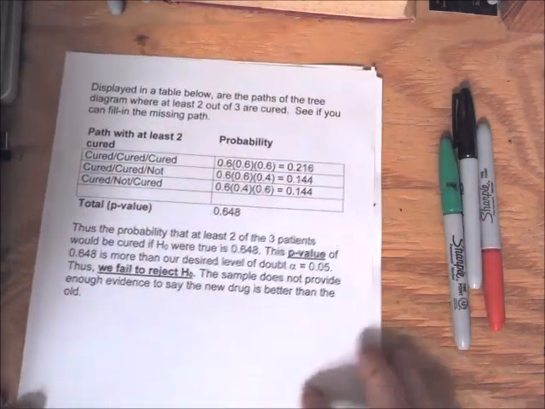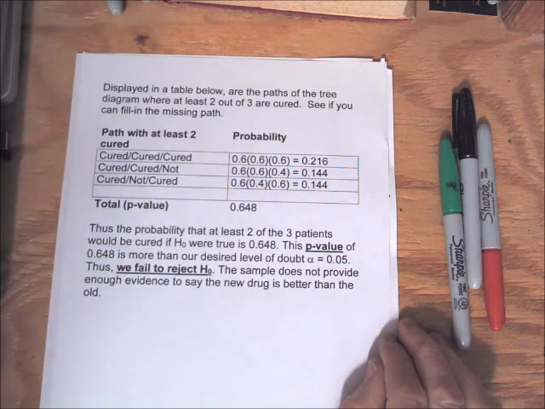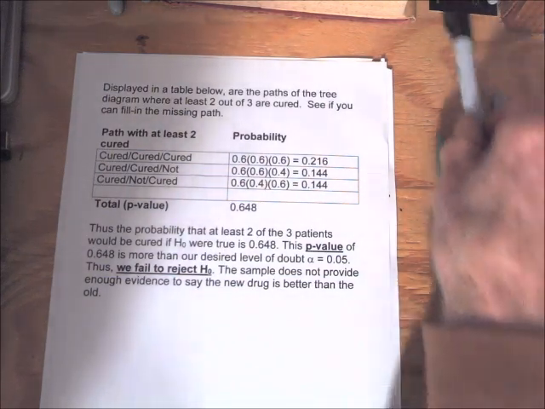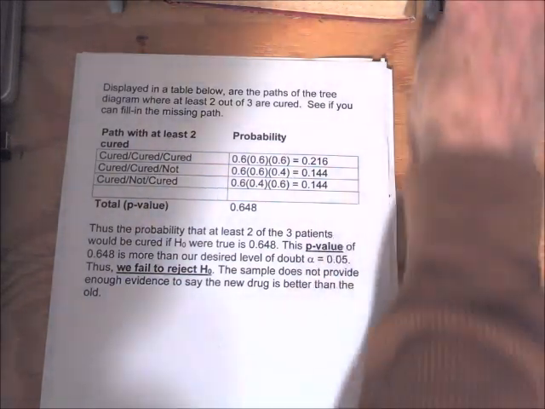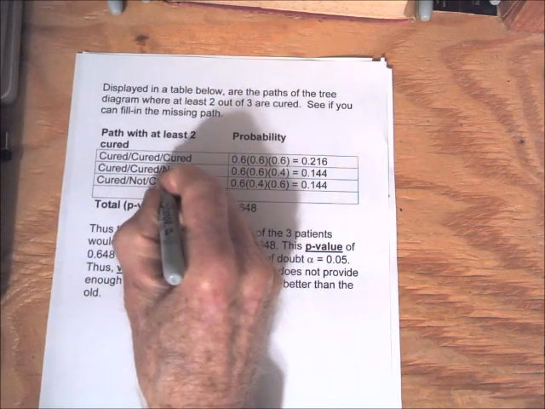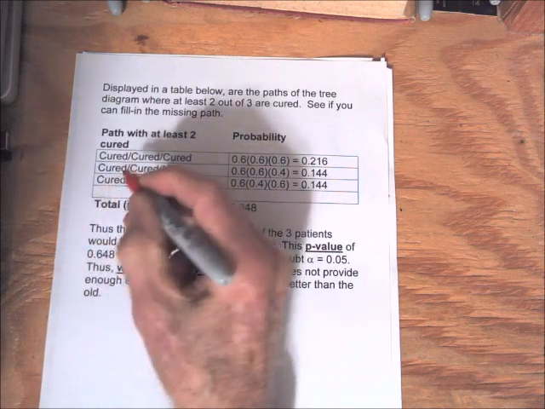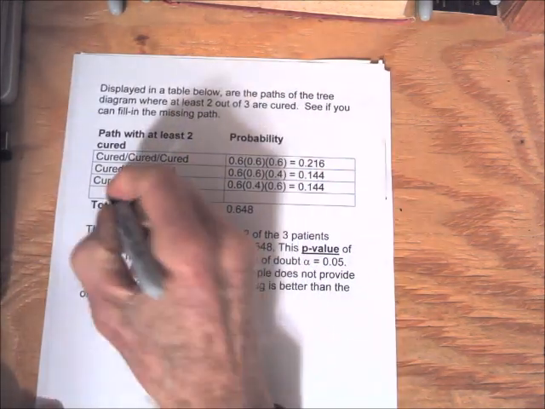We can also write these in a table instead of a tree. If you're using Pearson MyLab, they don't have capability for a tree, but they do have tables, and so we only need to list the paths where at least 2 of the 3 were cured. So we have the third person not cured, the second person not cured. The one that's missing is the first one not cured.